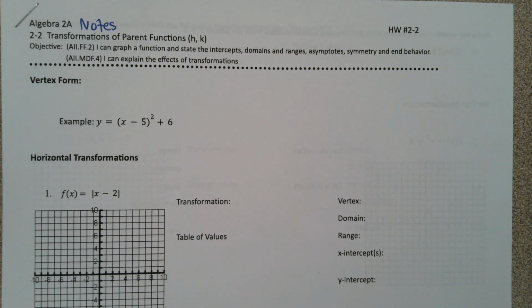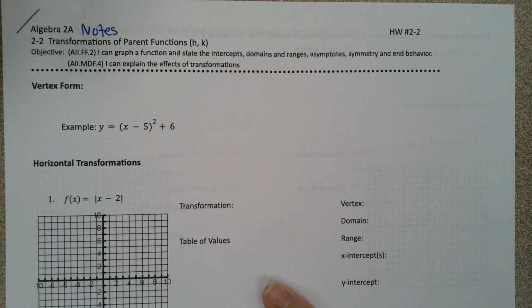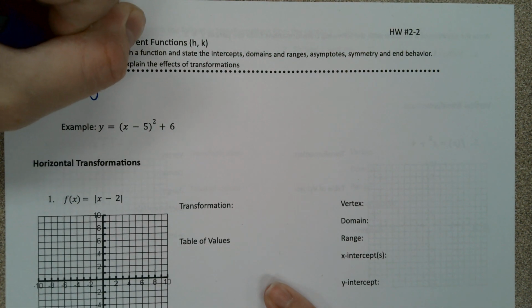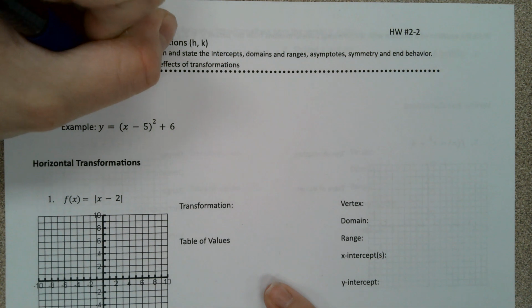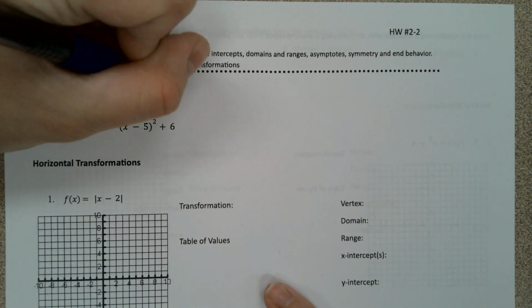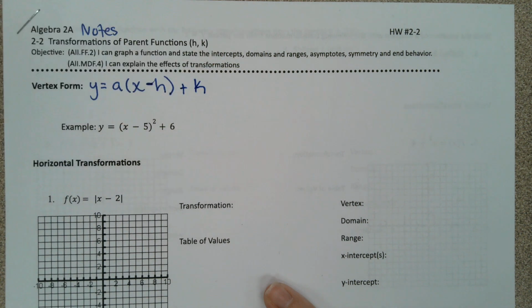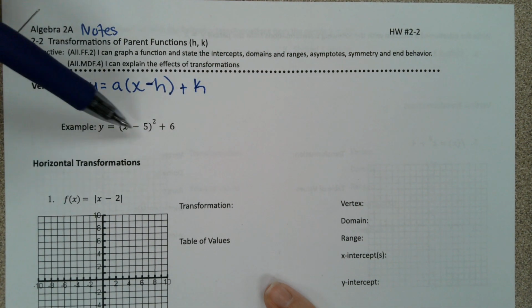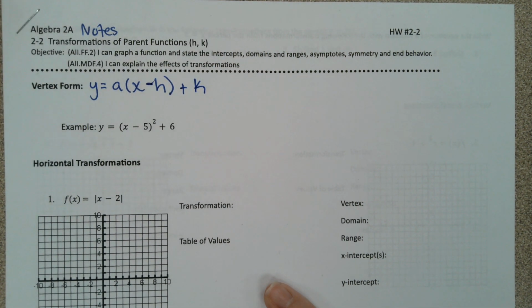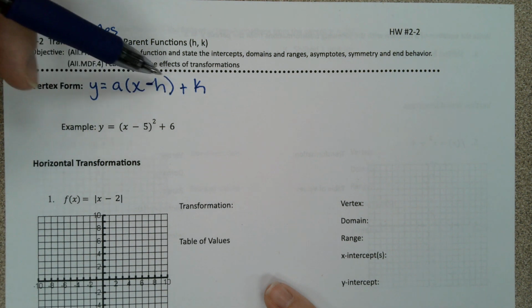Before I can explain transformations, the first thing I need to show you is how to find the vertex of an equation. So we have something called vertex form, and it looks like this. Now this notation, don't worry too much about the different letters, and this can go for several functions.